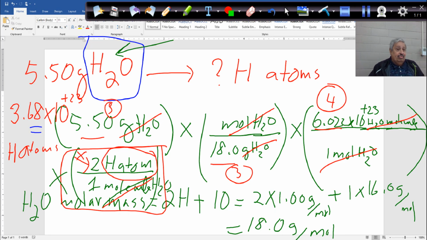Correct, guys? So watch out: the molecule will tell you how many atoms are within the molecule. Get yourself first the molecule, and then see the ratio of this atom inside the molecule, how much is it? That's how you see how many atoms are in these 5.5 grams of H2O.